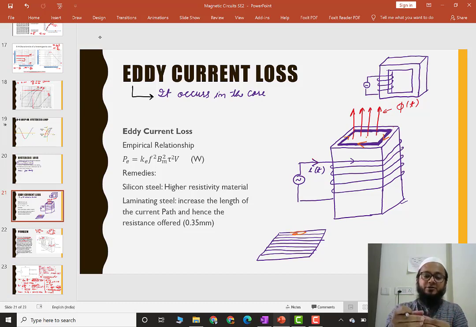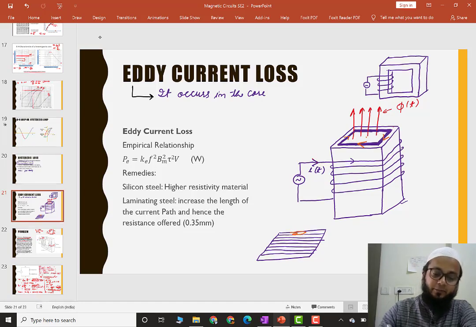By putting a higher number of these, I can increase the thickness of this limb. So thin laminations of ferromagnetic core are used. We use silicon steel sheet, and as per our requirement, we make different kinds of laminations to form this core.